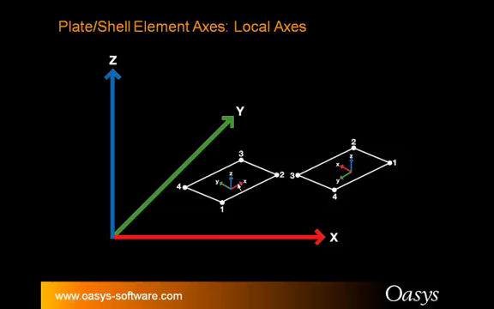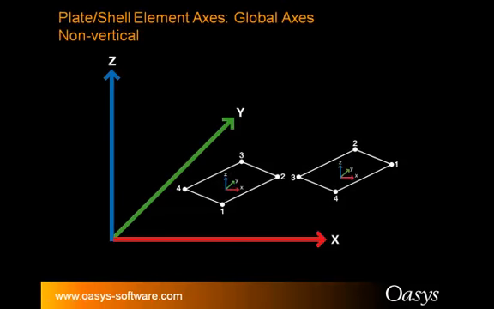then the local x-axis is parallel to the first side defined. That can be alright for quads, but can be a problem for triangles. You can set these to orient themselves to a different axis set, maybe the global axes, which of course is always supplied.